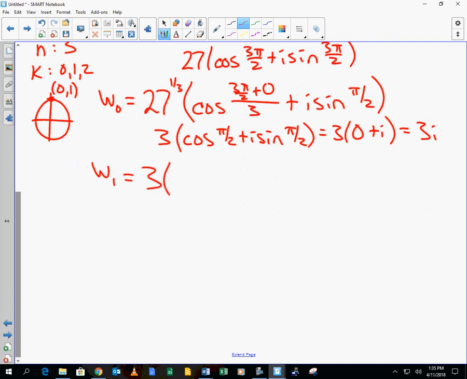3 times cosine of 3 pi over 2 plus 2 pi all over 3, plus I sine of 3 pi over 2 plus 2 pi, 7 pi over 2 divided by 3, 7 pi over 6.